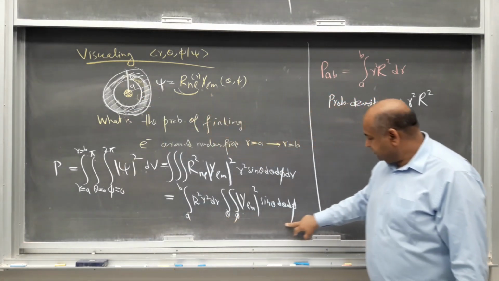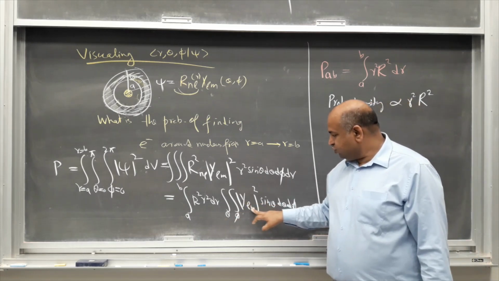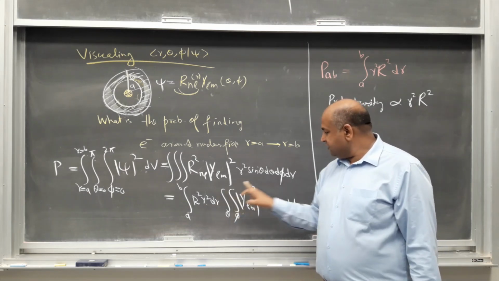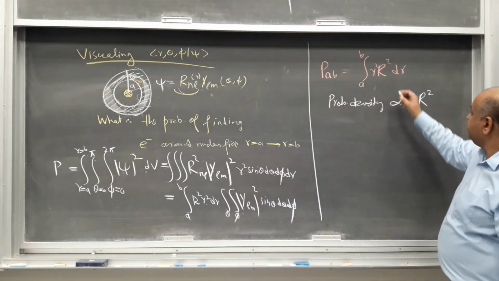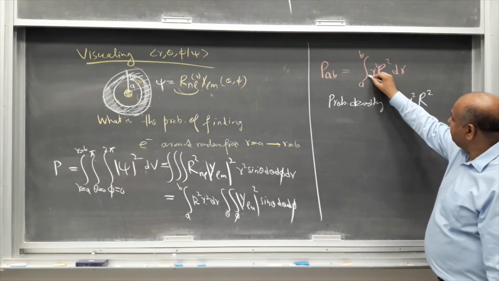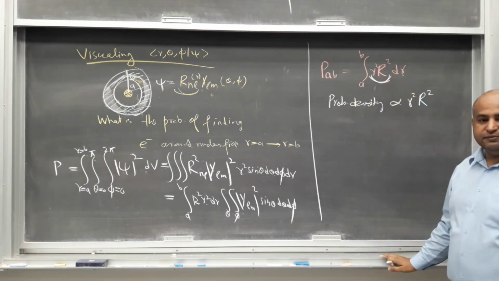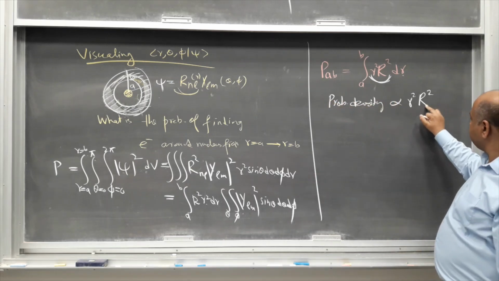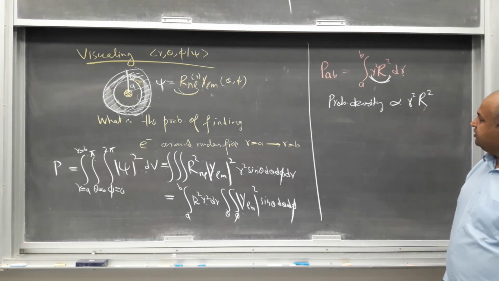But fortunately, all of that can already be taken care of by the normalized Y_lm. So this r squared comes from the spherical coordinates volume element, because the volume element is r squared sine theta d theta d phi dr. So if we want to interpret this integral, we can interpret it as a probability density, because dr is just integrating this probability density. So the wave function is R, but the probability density is not R squared, but r squared R squared. And that's an important distinction that we have to keep in mind.